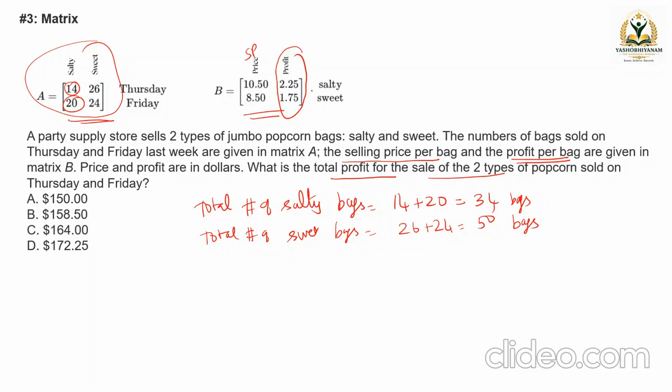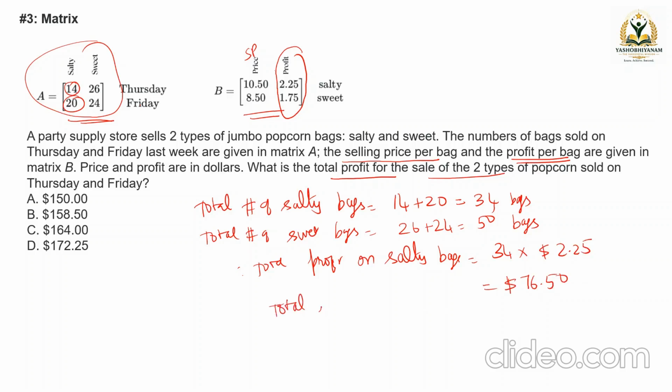And the profit per salty bag is 2.25. Therefore, total profit on salty bags would be 34 times dollars 2.25. When you do the math, because calculators are allowed in ACT math, you could just use your calculator and arrive at this answer.